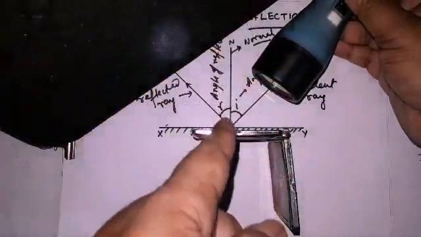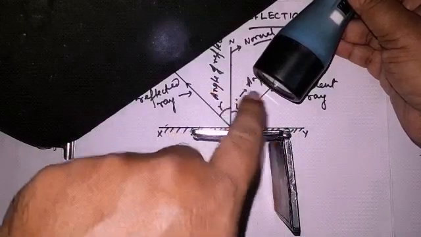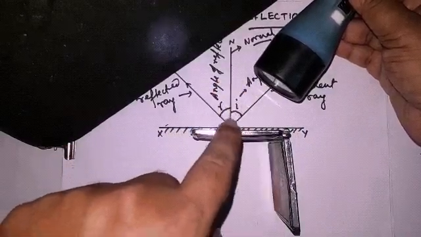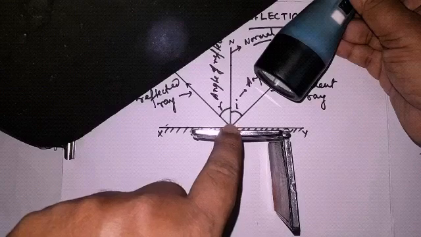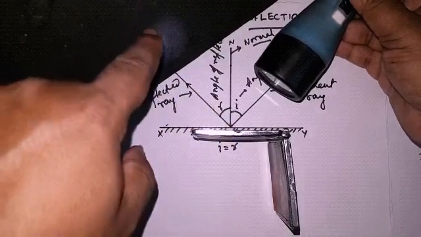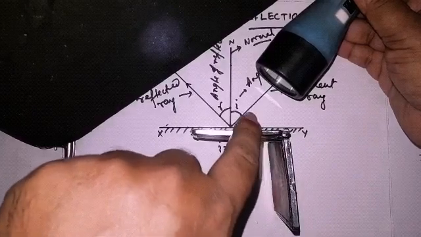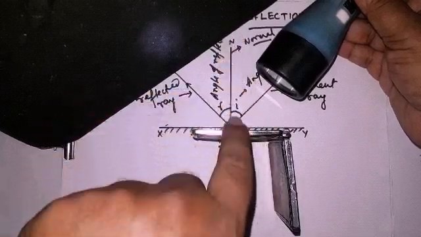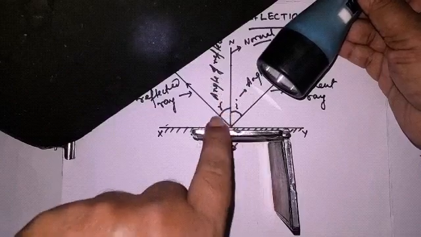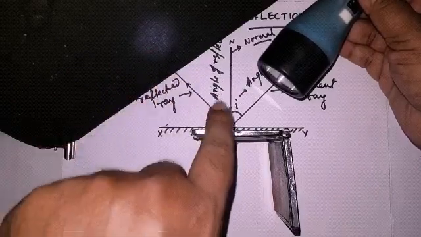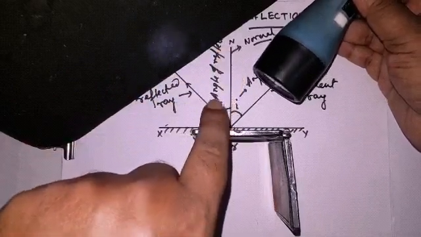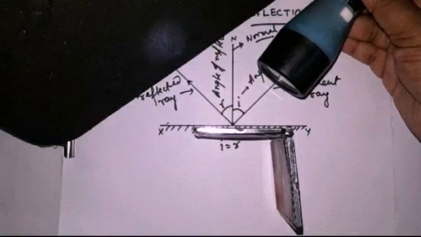If we draw a normal like this, the angle between the incident ray and the normal is the angle of incidence, and the angle between the reflected ray and the normal is the angle of reflection.